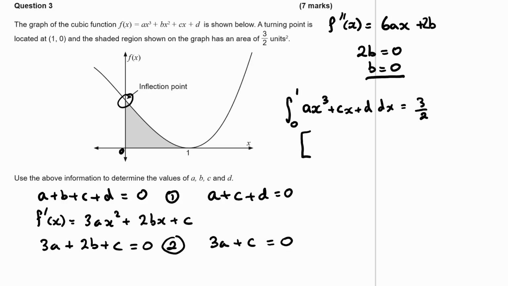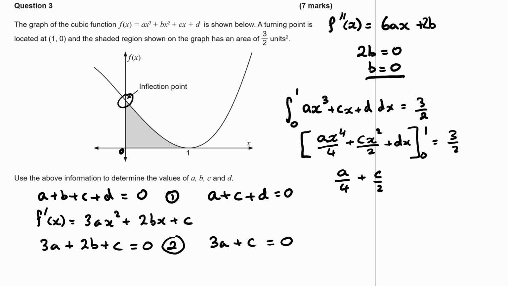So that gives me ax to the 4 over 4 plus cx squared over 2 plus dx from 0 to 1 is 3/2. Now when we substitute 0 in there, we don't get anything. When we substitute 1 in, we get a/4 plus c/2 plus d is equal to 3/2.